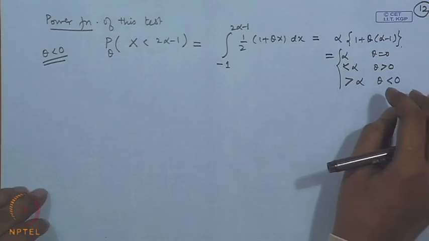So, the result which actually I stated when we were giving the result about the UMP test is exactly shown to be satisfied here. Let me read out from the statement that we gave that day.